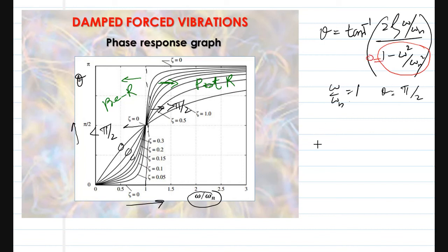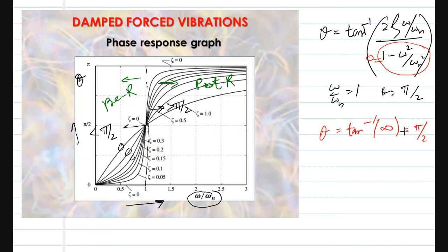Anything divided by 0 is actually infinity, and the tan inverse of infinity is pi by 2, as you know from trigonometry. Clear? And you can put in every other value, 0.2, 0.3, and use different values of zeta to get the angle.